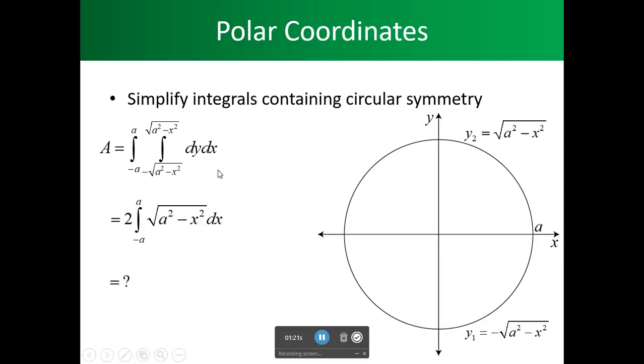Okay, so if we want to find the area, what do we need to do? If we're going to do dy first, then we have our y2 and our y1. Plug them in, and we know it goes, since it's symmetry, from minus a to plus a.